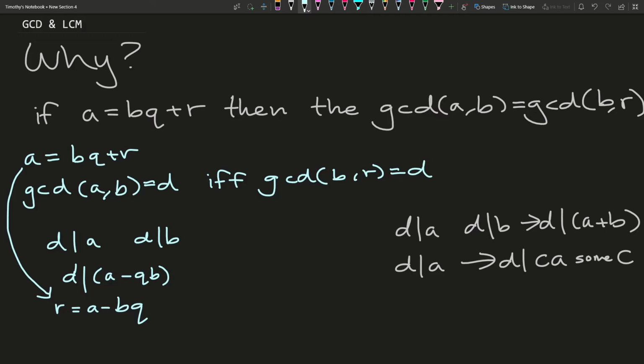Since we have this, we know that D is a common divisor between B and R. So there's that. Okay, so that wasn't too rigorous of a proof, I know, but it was just a little introduction on why it works. You can prove this on your own time if you're interested, but that's that. Okay, let's jump into some code.